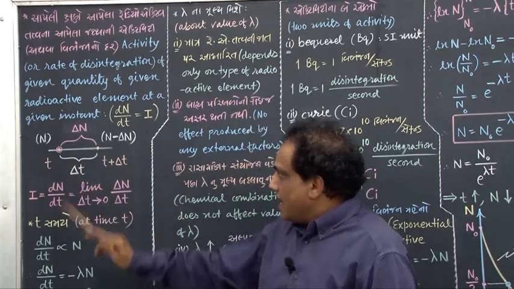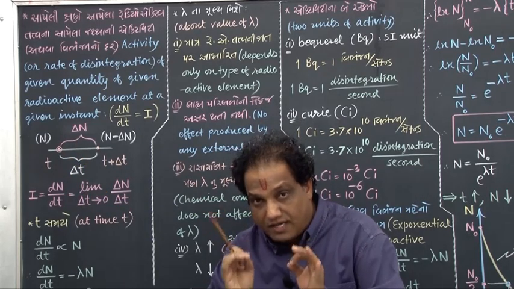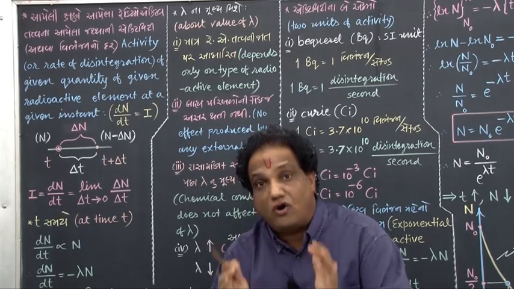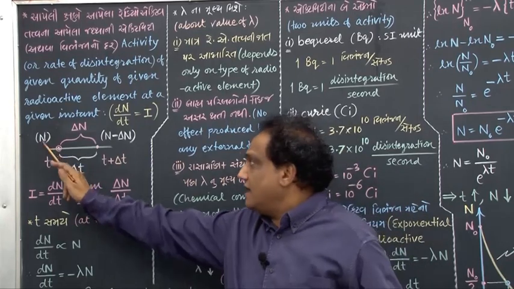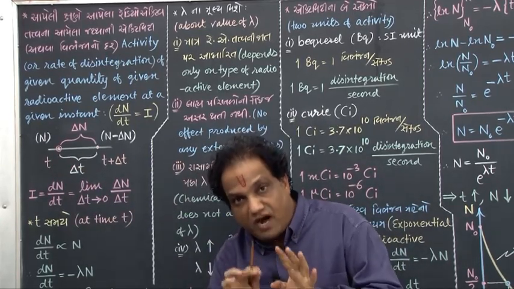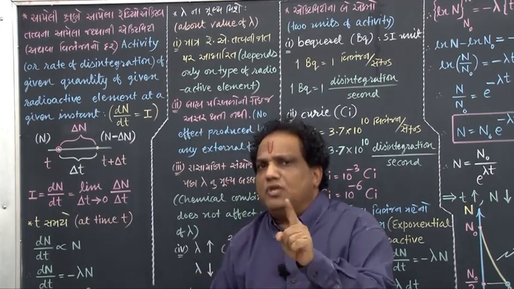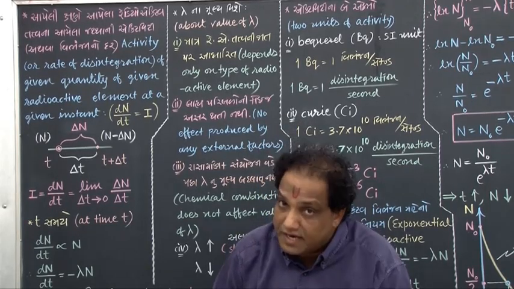Fine. Exactly at time t, the number of undisintegrated atoms in the given quantity of given radioactive element is, suppose, capital N. If the number of undisintegrated atoms is capital N, it means you have capital N number of parent atoms, correct?